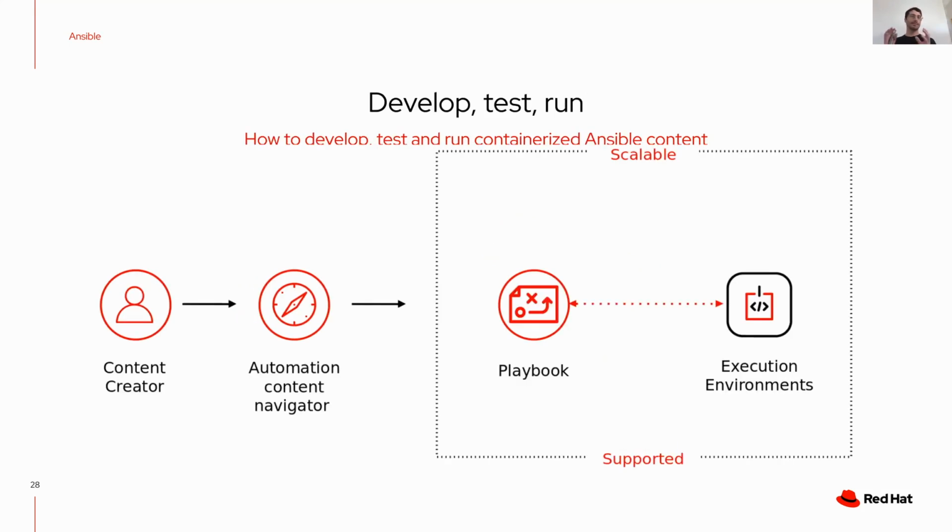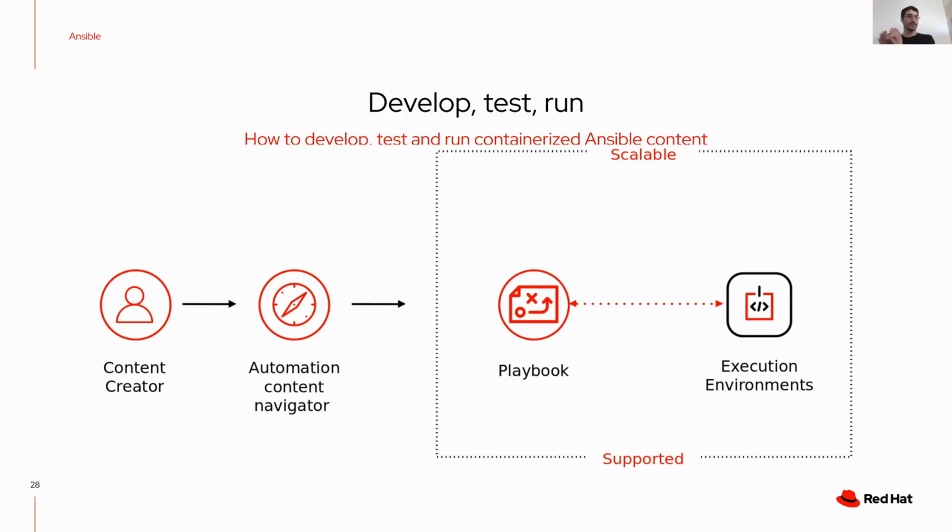Once you have that execution environment, you can create your playbooks, and you can use Ansible Navigator to both navigate the various execution environments you have, the collections that you have, but also to run them so that basically you just put your playbook in a certain execution environment and then you test on those.